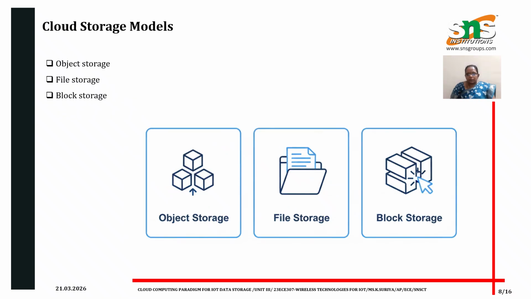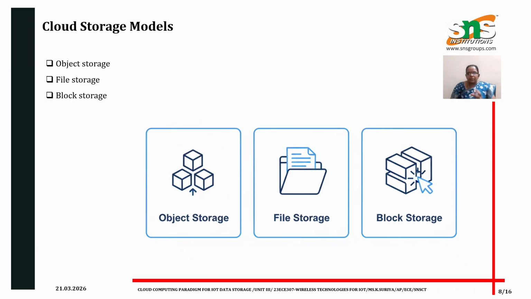So now we will see about the cloud storage models. So there are three main cloud storage models. So the first is the object storage. So in this model, data is stored as objects along with the metadata. So it is highly scalable and ideal for IoT applications.